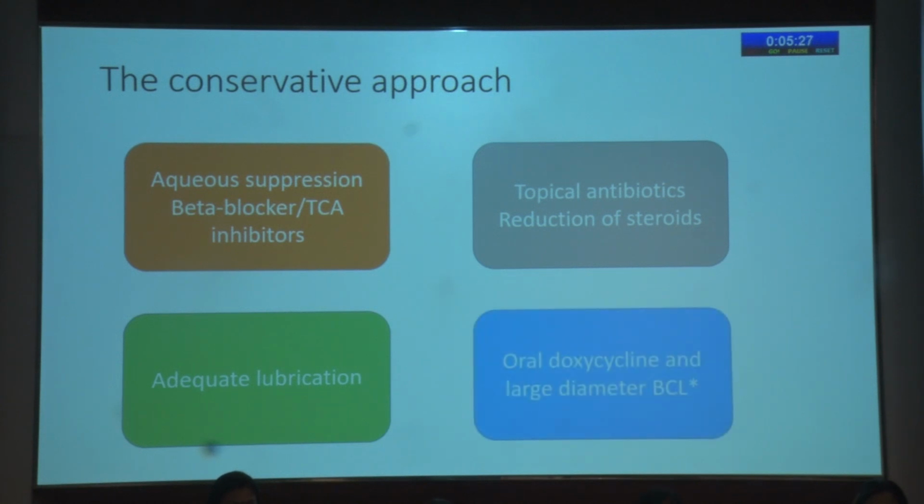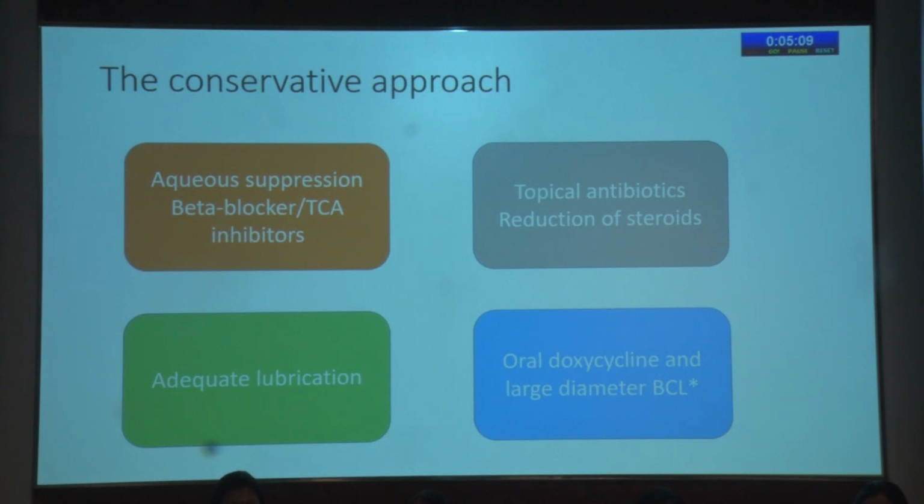And recently, from a paper, we have seen that they had almost managed to get a leak repaired with the use of oral doxycycline and a large diameter bandage contact lens.